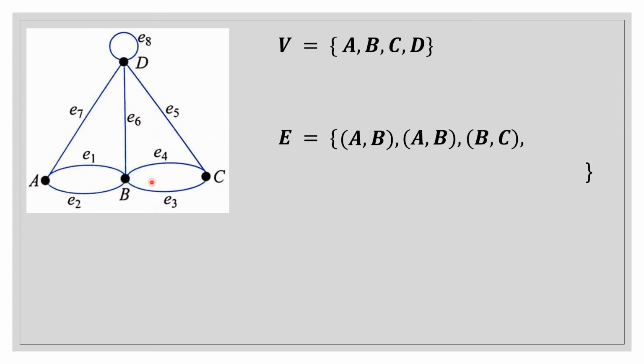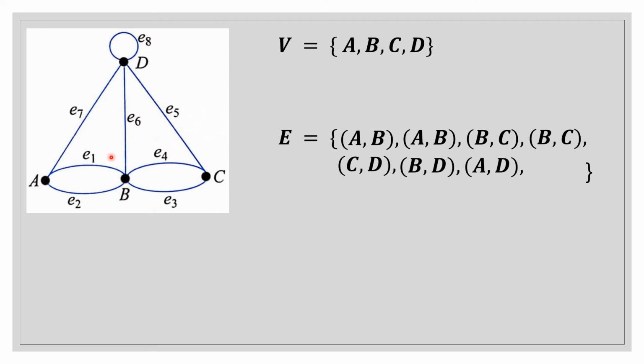And E3, E4 also have the same vertices, BC. Then E5 links vertex C and D, so you write CD. E6 links vertex B and D, so you write BD.